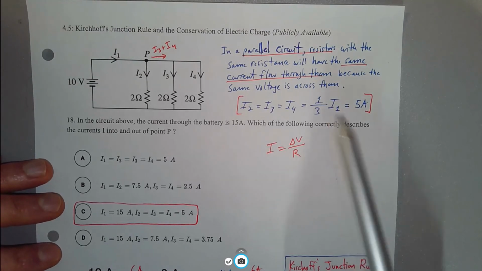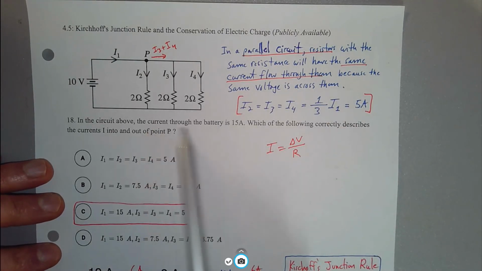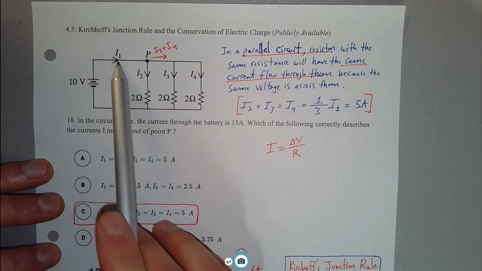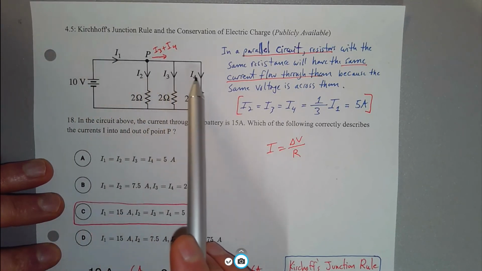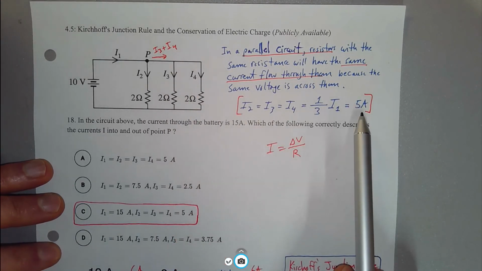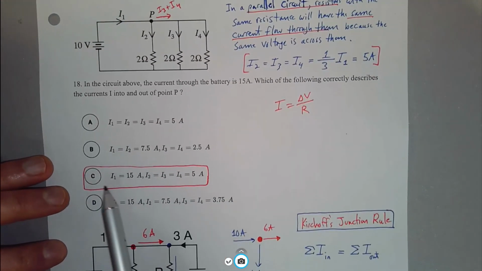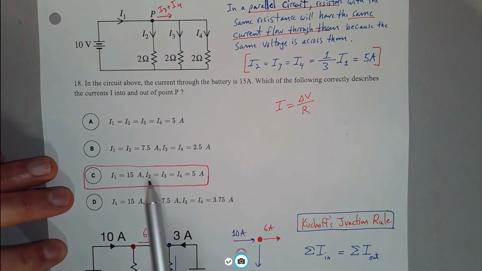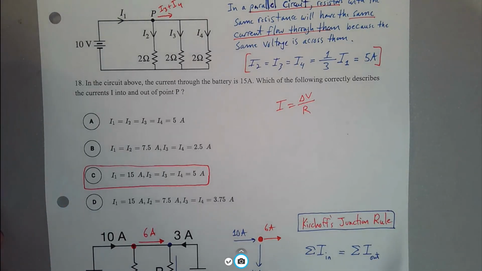It says the current going through the battery is 15 amps. So I1 is 15 amps, and each of the other currents has to be 1/3 of that, or just 5 amps. So the answer is C. I1 is 15 amps, and I2, I3, and I4 are all the same, equal to 1/3 of that, which is 5 amps.